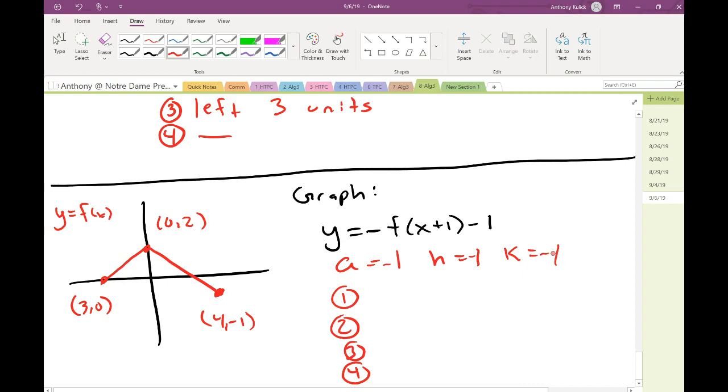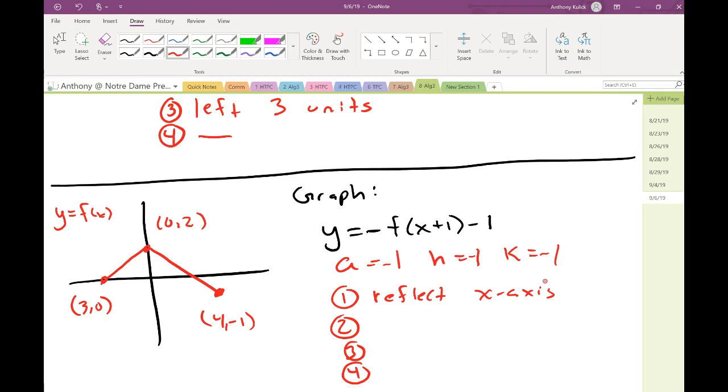All right, so if I look at my criteria for the first one, I have to check to see if a is negative. Our a is negative, so we're going to have a reflection across the x-axis. The second step wants to check if the absolute value of a is equal to 1.